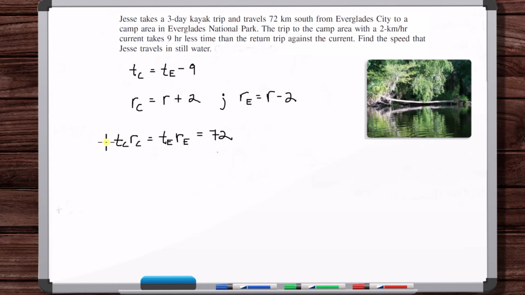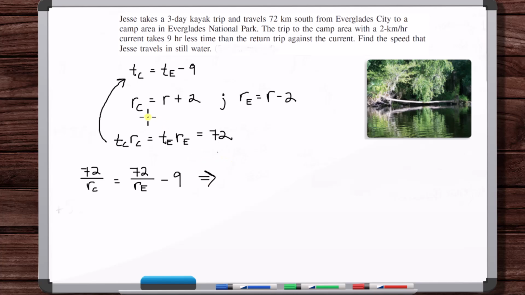So now let's make a substitution into this equation here. So TC is what? 72 over RC, right? TE is 72 over RE. Okay?